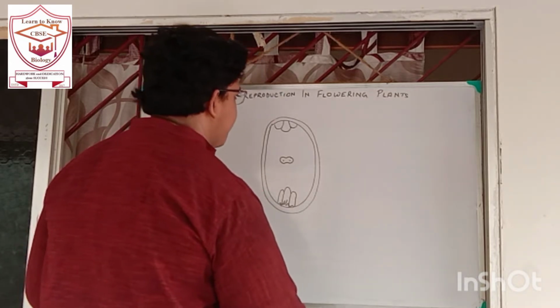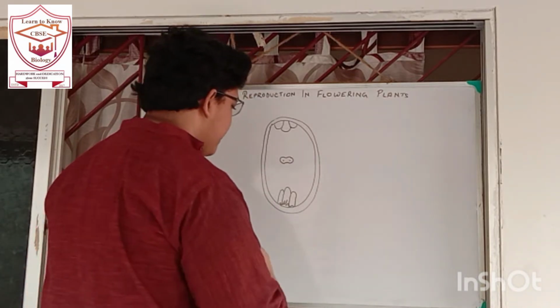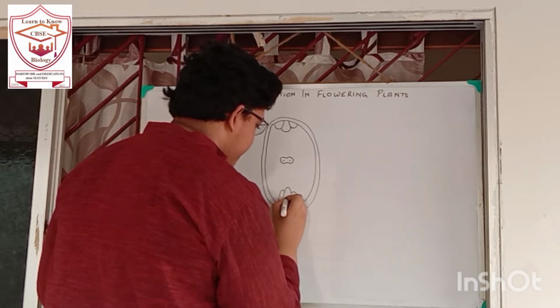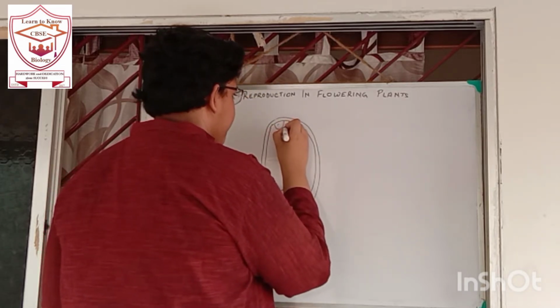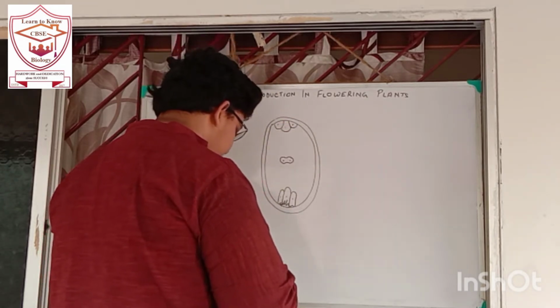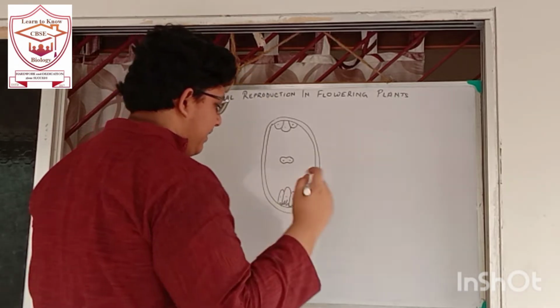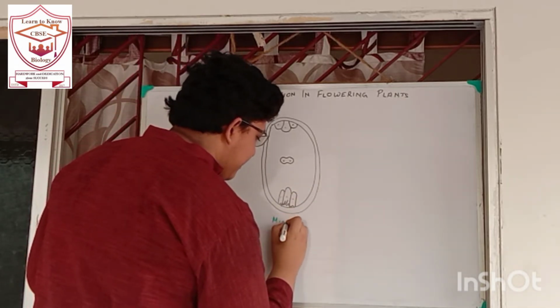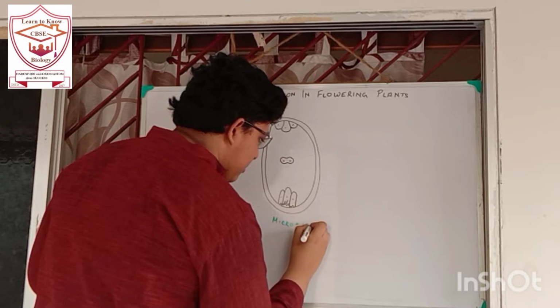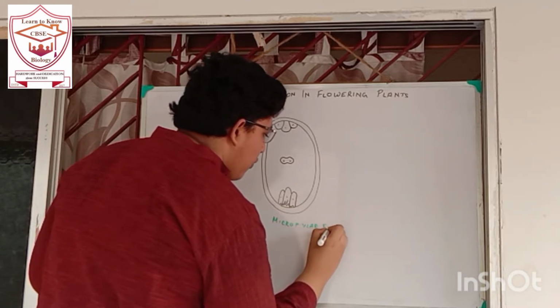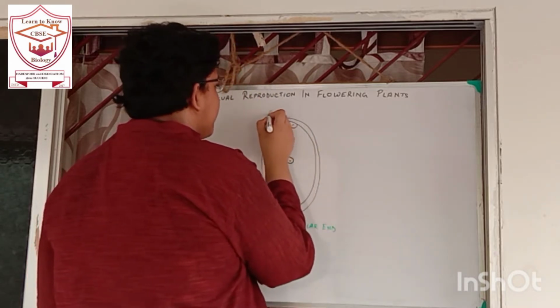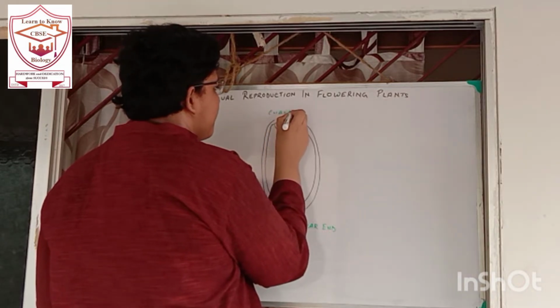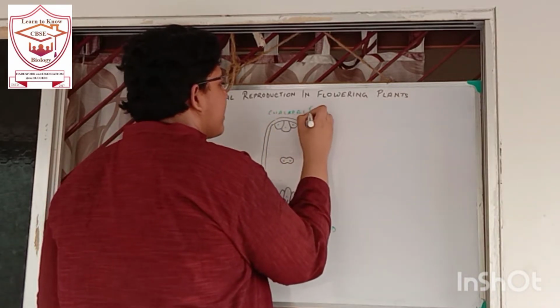Now, see, one thing I have missed, the nucleus. This is the micropylar end, while the upper is the chalazal end. Okay, from that diagram you can relate.